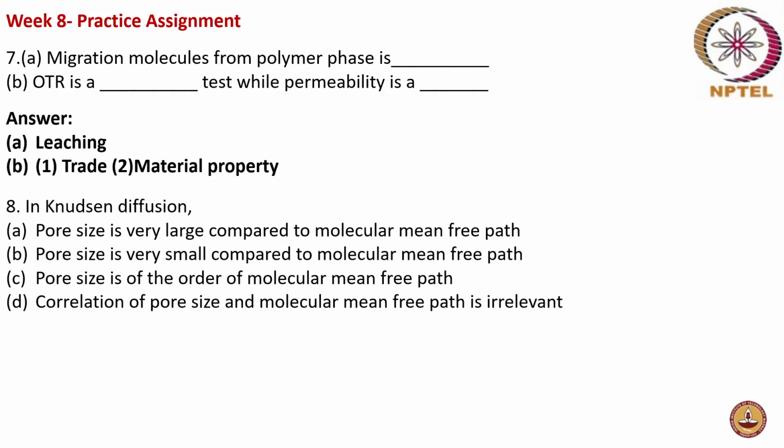The next question is, in Knudsen diffusion, is the pore size very large compared to the molecular mean free path, or the pore size is very small compared to the molecular mean free path, or the pore size is of the order of the molecular mean free path, or the correlation of pore size and molecular mean free path is irrelevant? Which of these options happens in Knudsen diffusion?